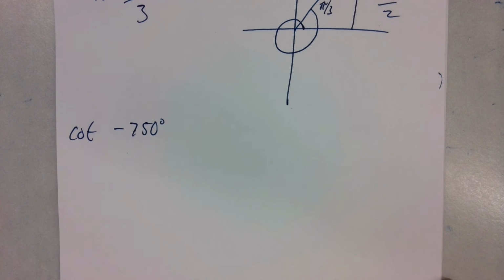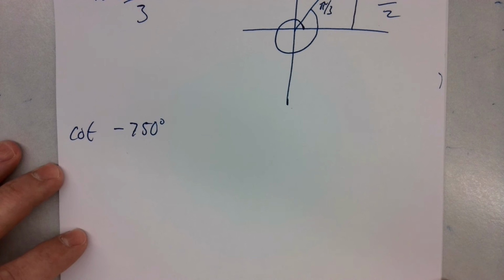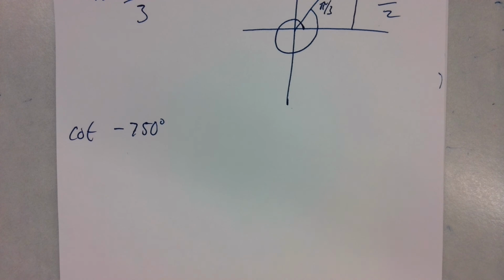Let's go 20. I want 20 hands. Write down your number if you have to. We're finding the cotangent of negative 750.